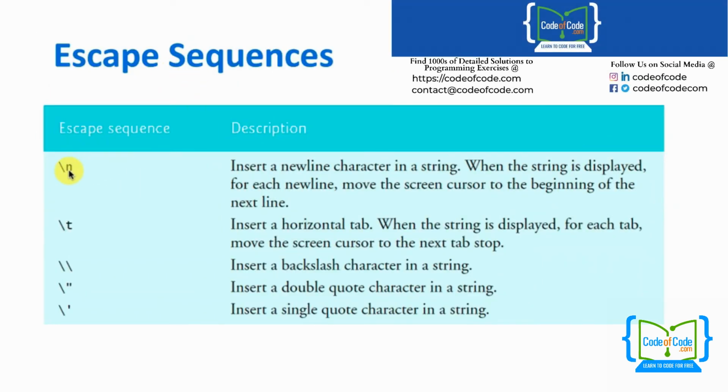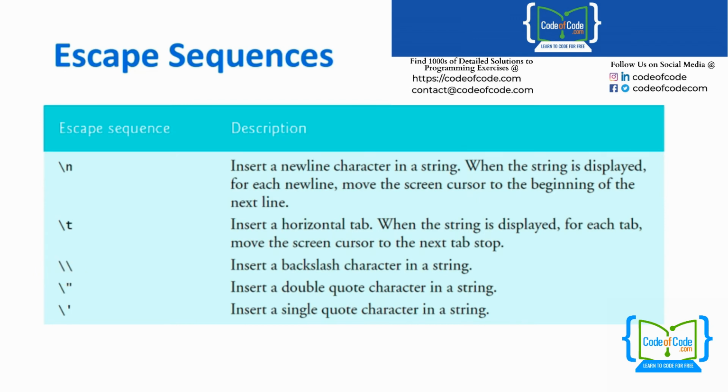So here we have the new line escape sequence, which moves the output cursor to the next line. The tab escape sequence is going to horizontally move the cursor to the right, or if you're in a right to left language environment, to the left. If you ever needed to display a backslash character, you would put 2 backslashes next to one another, because the first one is always considered to be the escape sequence initiator, if you will.